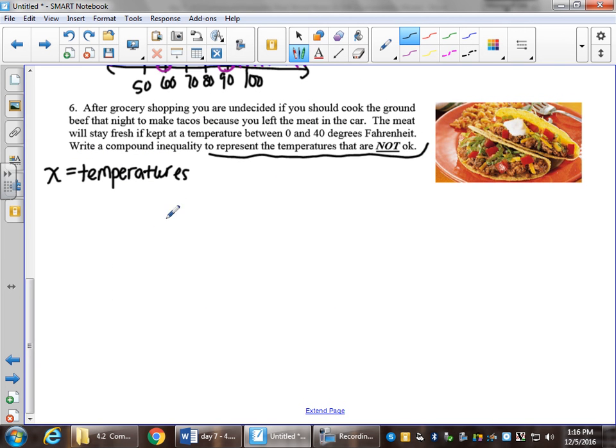Strategy for this, first, draw a graph for what is okay, because that's what I'm told.